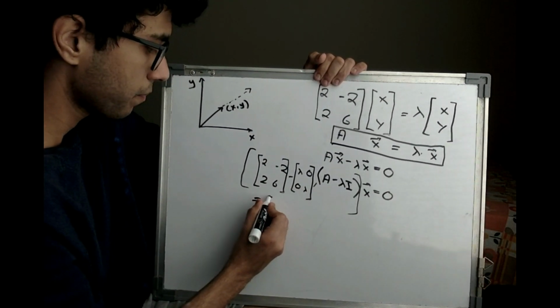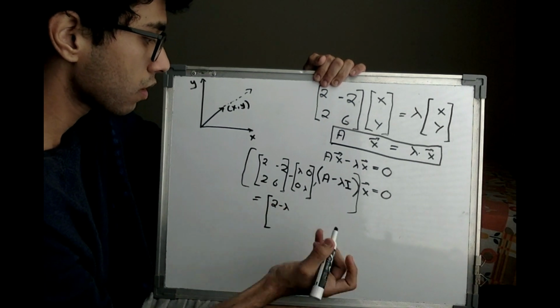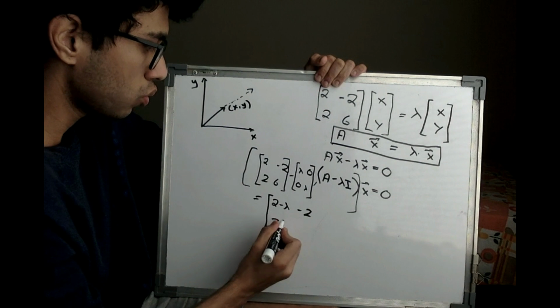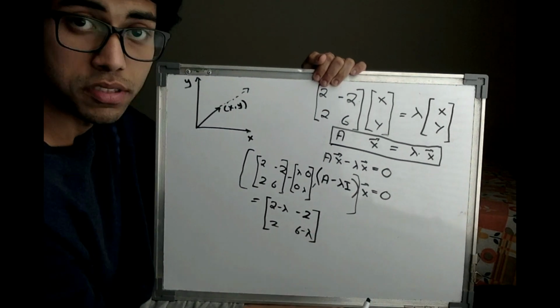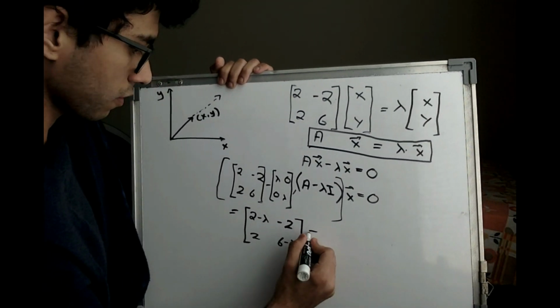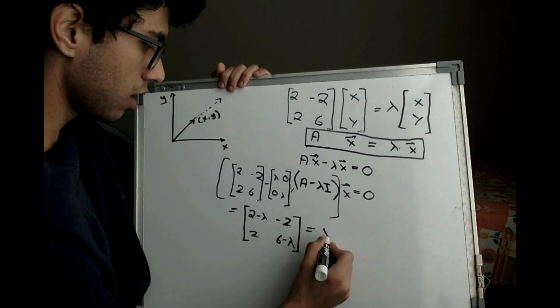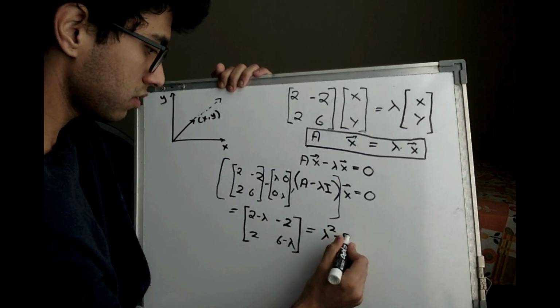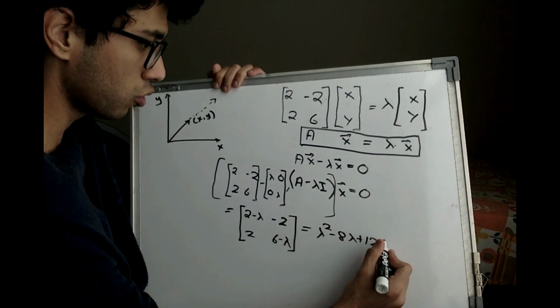That means the matrix 2 minus lambda, minus 2, 2 and 6 minus lambda, its determinant, let's try to calculate it now, will be equal to lambda square minus 8 lambda plus 12 minus 4 plus 4.